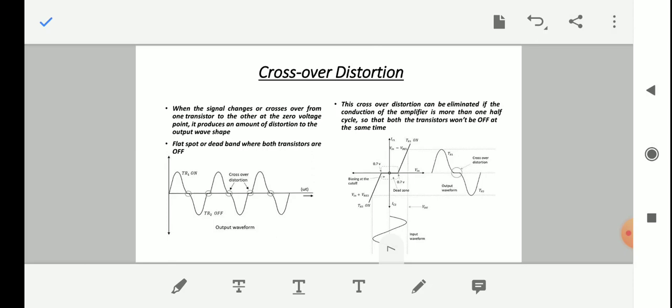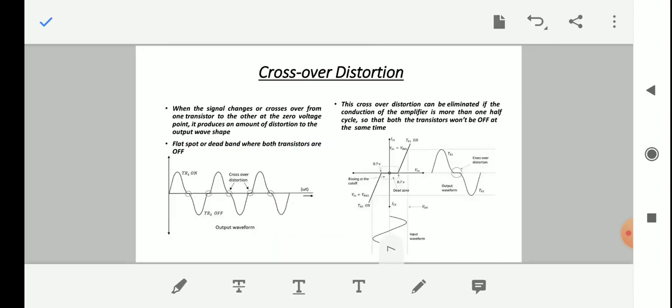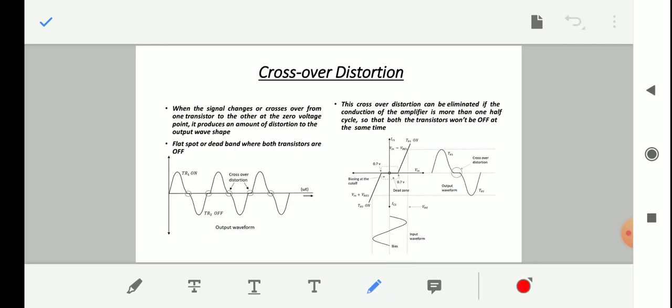Crossover distortion can be easily explained with the first graph, that is the graph between the output and theta, phase angle and output of the signal.